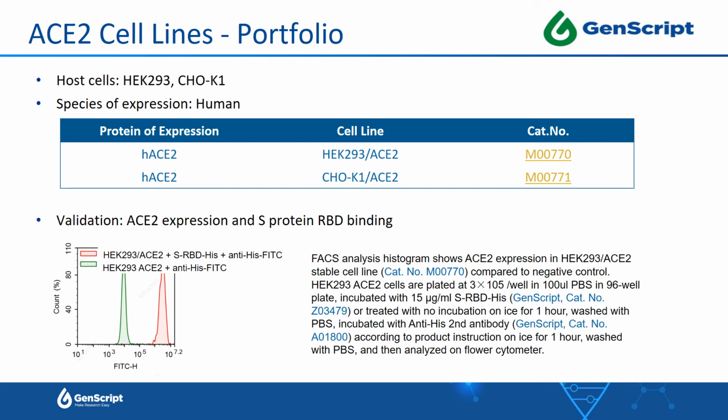And then the level of the fixie was detected by the flow cytometry. As you can see, a significant difference was seen between the 2 groups, indicating the high binding of the SRBD domain to the ACE2 protein on the cell surface.